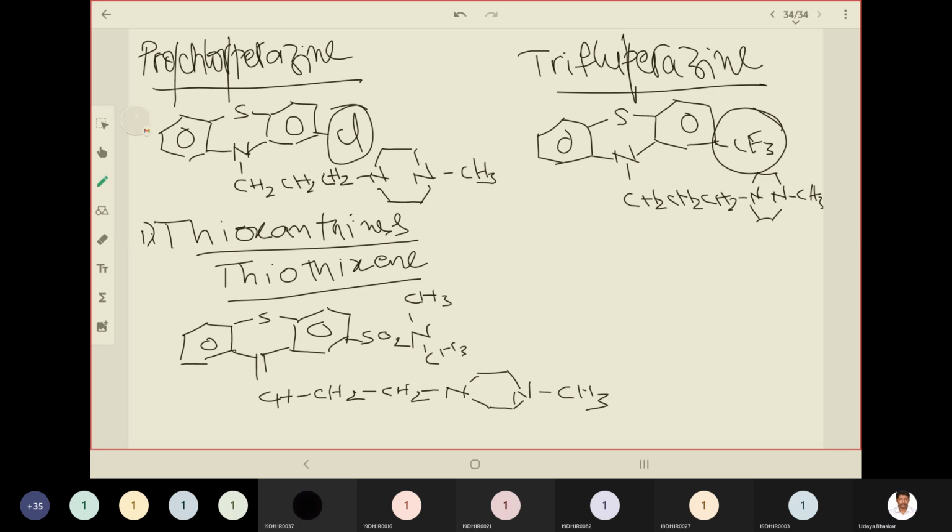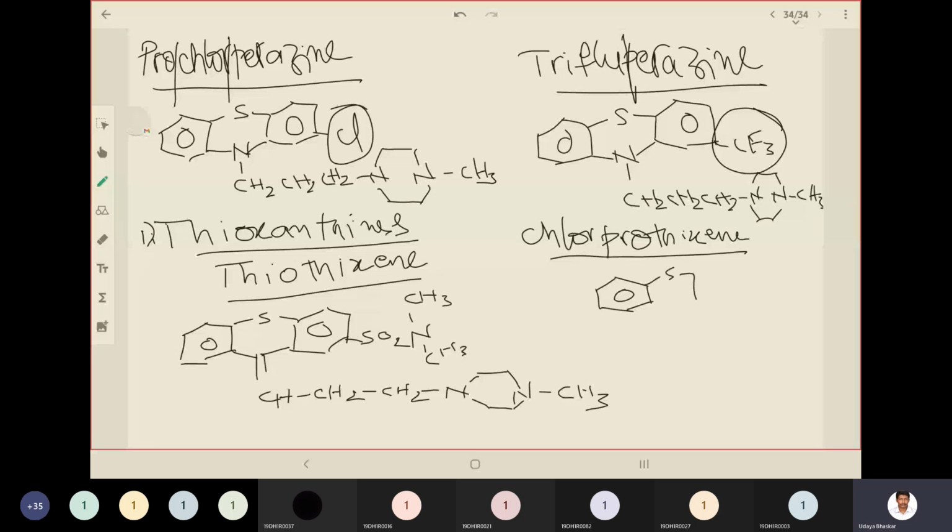Okay. Chlorprothixene. This also belongs to thioxanthene. So here the nitrogen is also replaced with carbon.